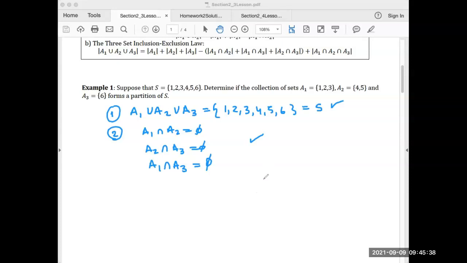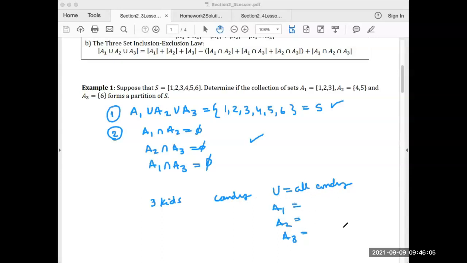So let's say I have 3 kids, and I have candy. All right, that's a good example. So the universe is all the candy in my bag. And basically I want to divide the candy up.